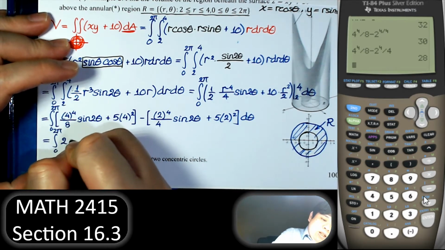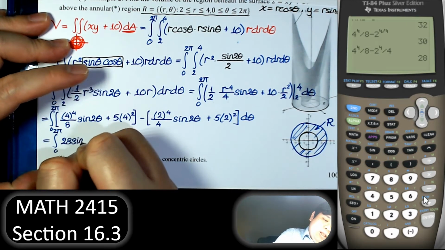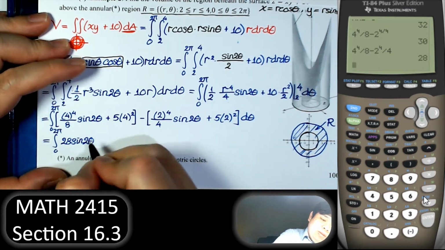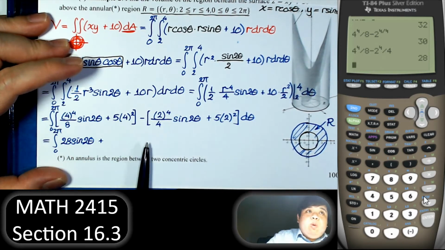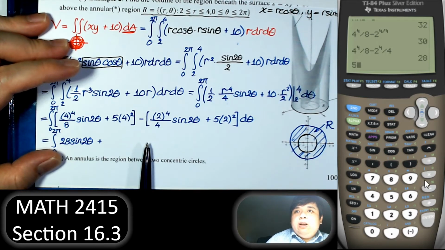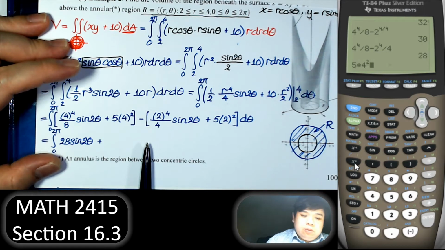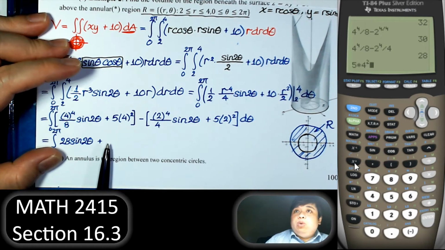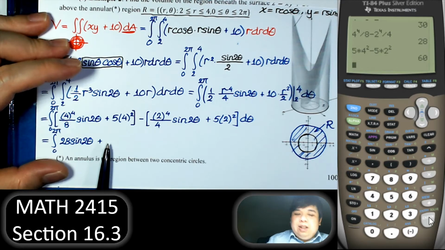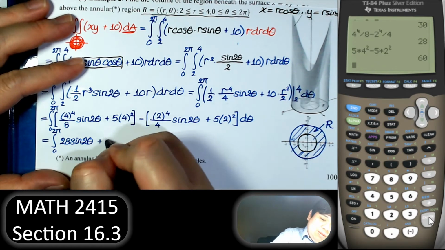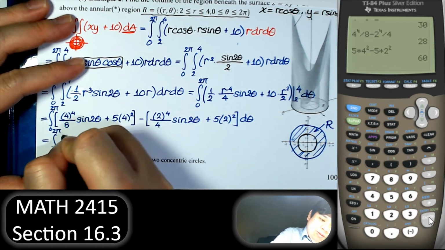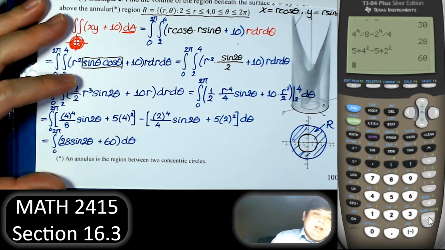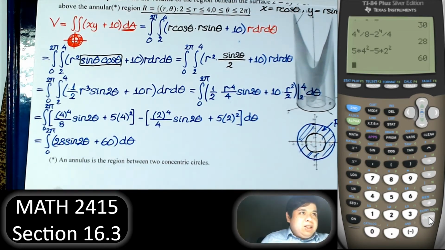So we have 28 sine of 2 theta. And then 5 times 4 squared minus 5 times 2 squared, that's 60. Right, so this will be simple enough, right?